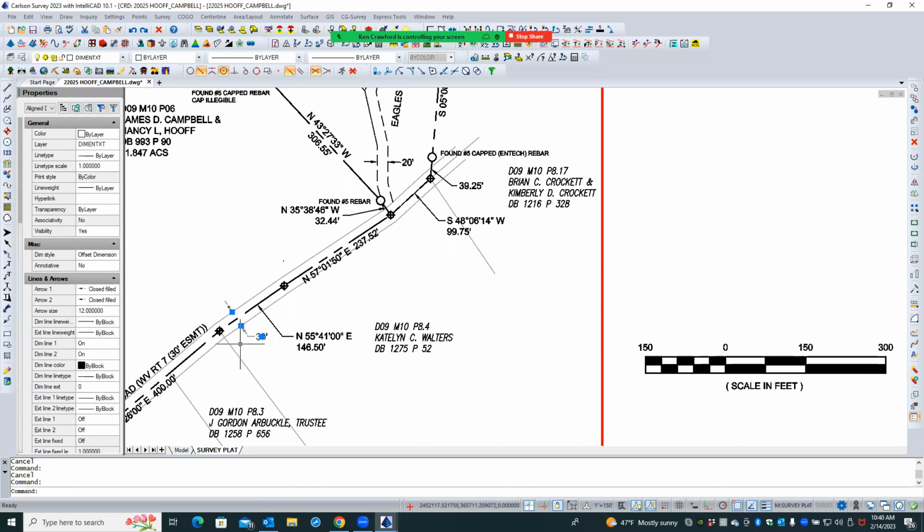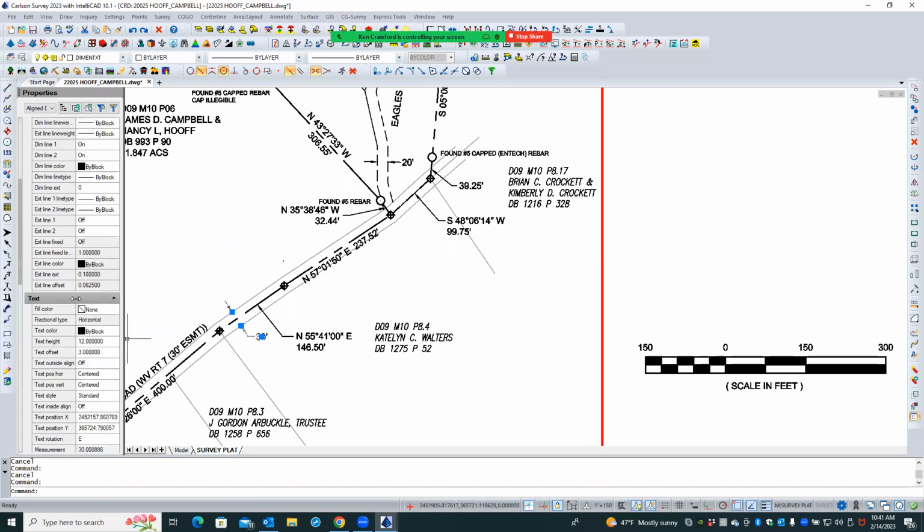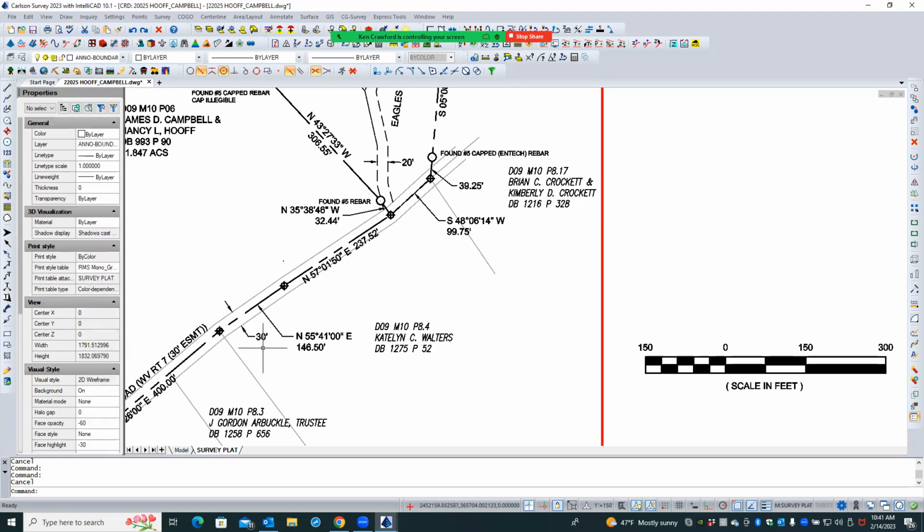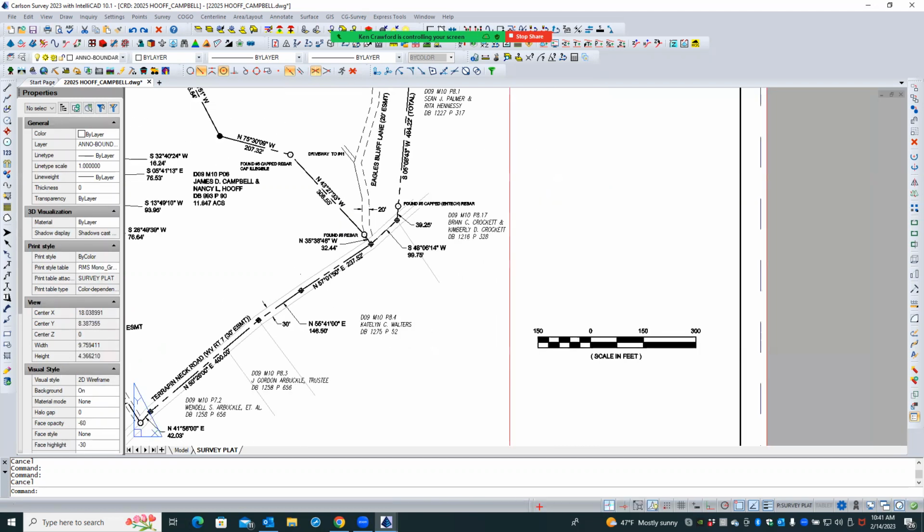Yeah, I selected it and then scrolled down, and under the fit category, the default was best fit, and it decided you could fit it. But you can choose different options, and one of them is arrows only, so it puts the number back in the middle. Or if it's text only, then it's going to put the text out and leave the arrows in the middle. Or if you say text and arrows, then they're both going to be on the outside. Okay. All right. So just little things like that.